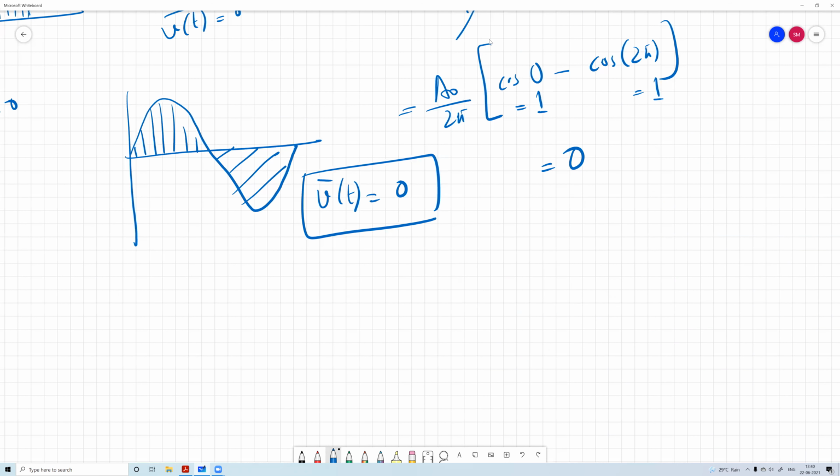The next part is root mean square, the RMS value. RMS value is defined as V RMS, that is square root of 1 by T, integral 0 to T, V square t.